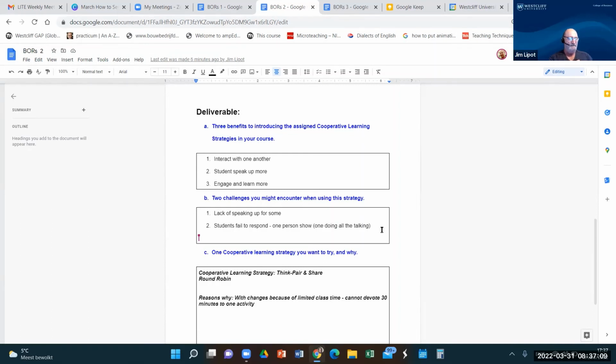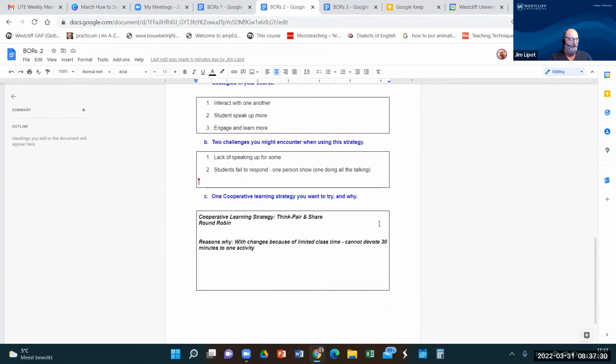The lack of speaking up for some doesn't come easy, and has to be pulled out of them. And then you also have those who simply fail to respond. And in these cooperative learning opportunities, it becomes a one-person show, one doing all the talking.